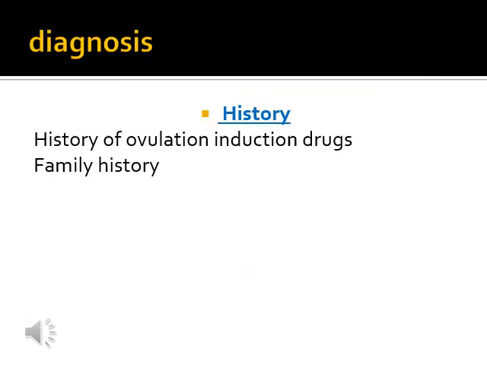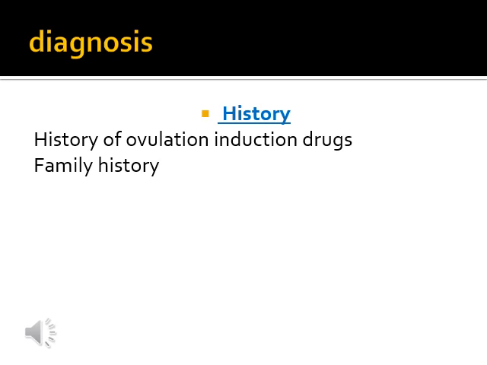In diagnosis, first is history taking. We need to take a detailed history from the mother regarding any ovulation induction drugs she may have taken, or any family history of multiple pregnancies. These things we need to clarify from the history.